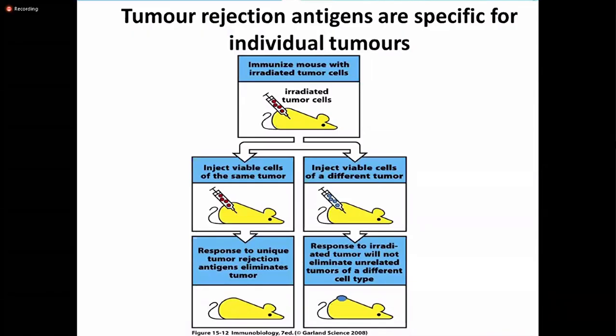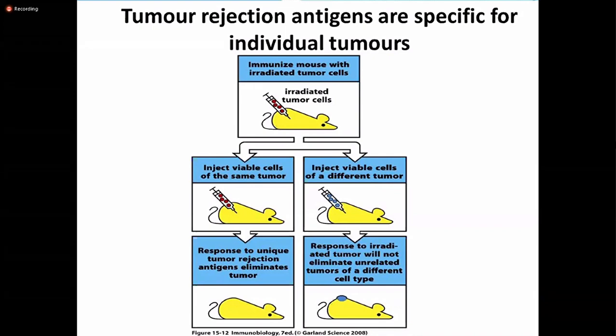So, first of all, in the early 20th century, before immunology was even understood, it had always been suspected that there was something in the body which protected us from the growth of cancer, the development of cancer.